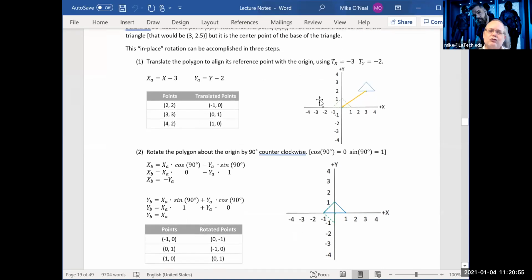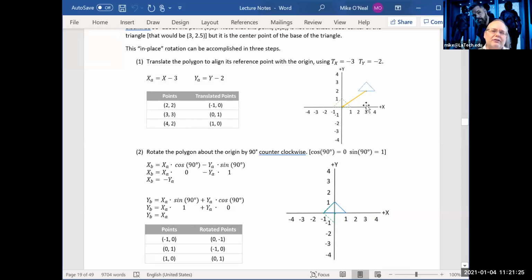So the point 2, 2, right there, becomes minus 1, 0 right here. And then 3, 3, which is the apex, here, subtract 3, that becomes 0, and then subtract 2, that becomes 1. So 3, 3 becomes 0, 1. Sorry.